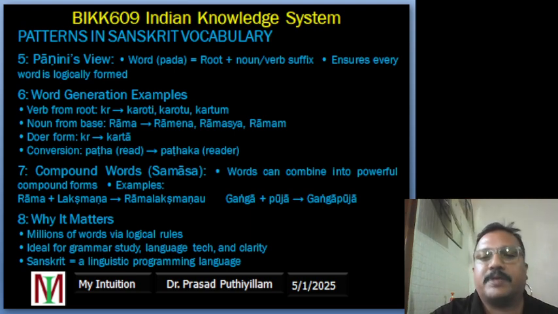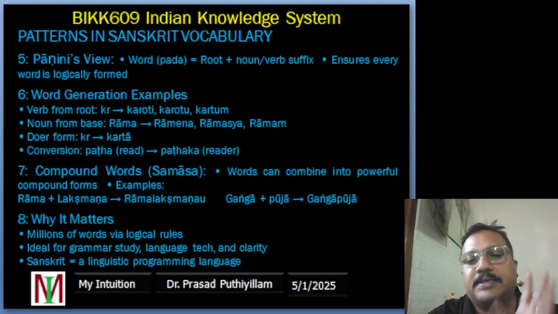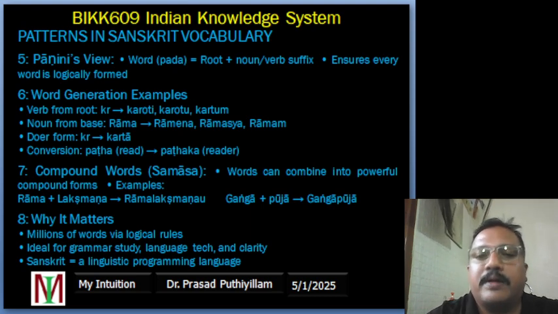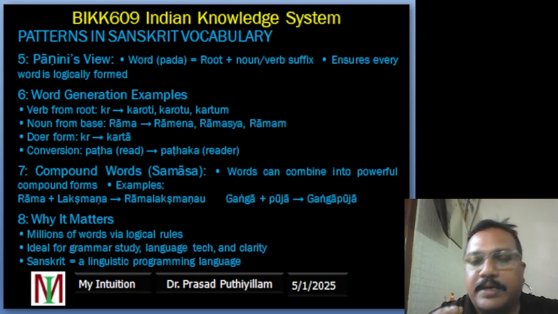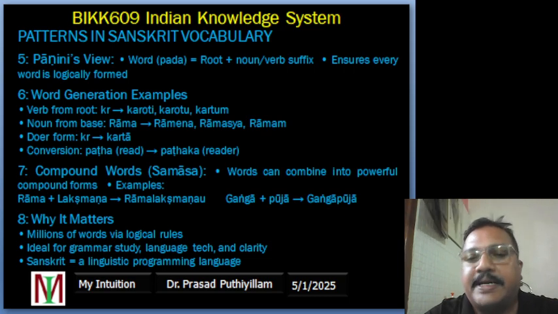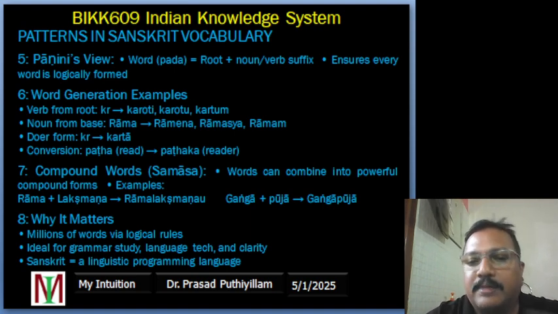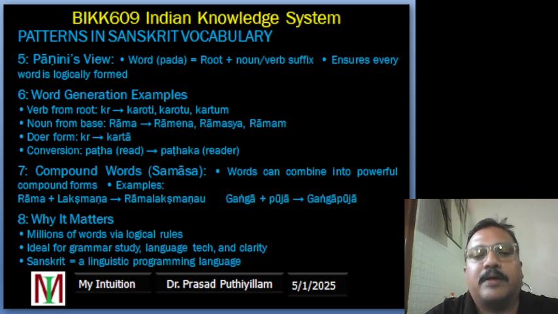Panini's famous work, the Ashtadhyayi, shows how to make Sanskrit highly organized. You can see how the words are generated in Sanskrit from the verbal root to the verbal form, for example, the root kr, meaning to do, we get karoti, karotu, kritam, kritva.